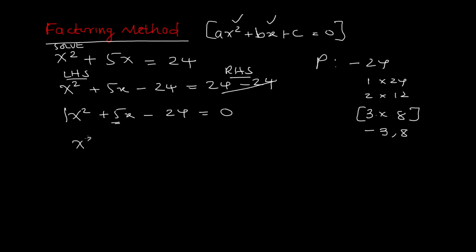So it will be x squared plus 8x minus 3x minus 24 equal to 0. There are things that we can look out for. If I factor out x, then I have x inside, then plus 8.